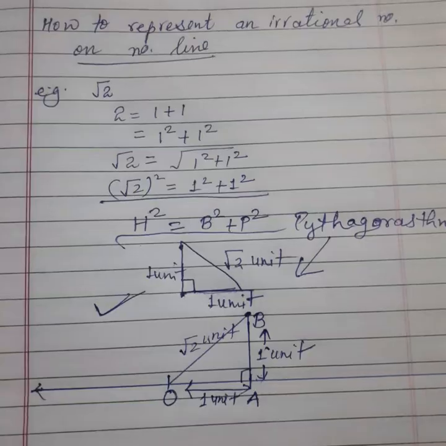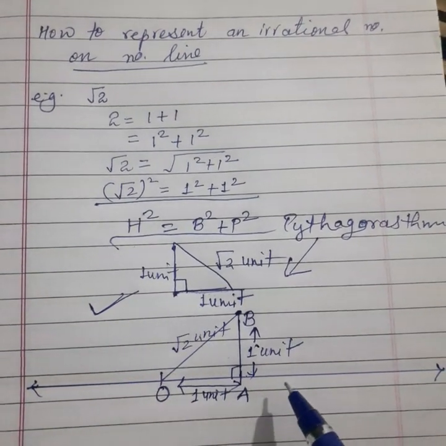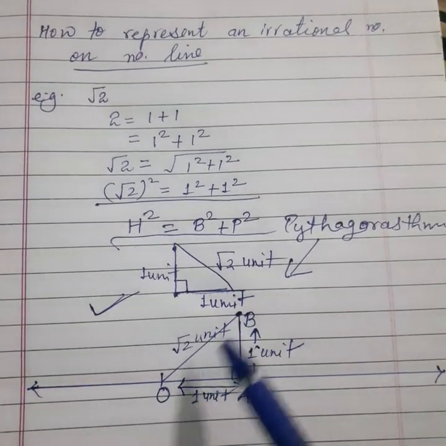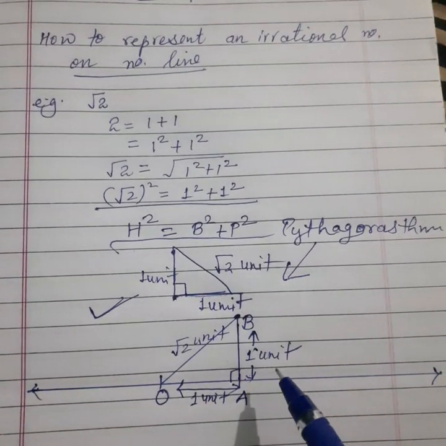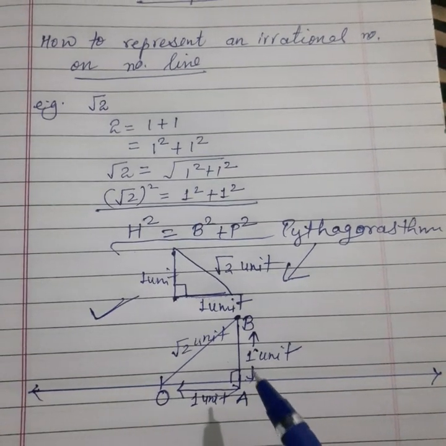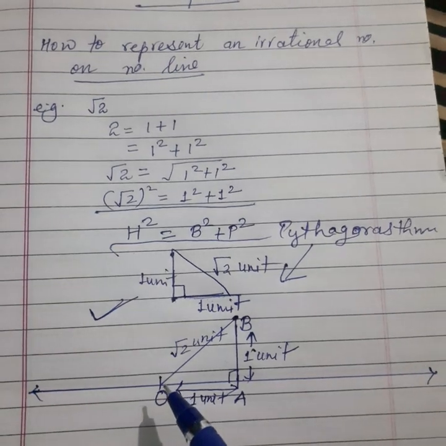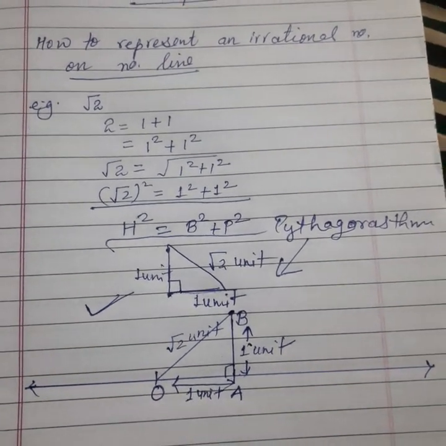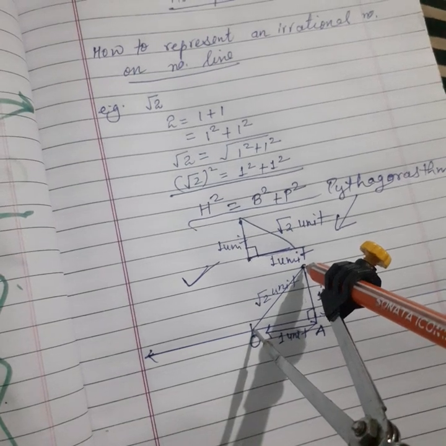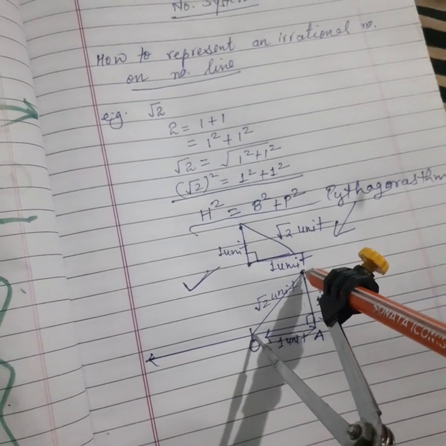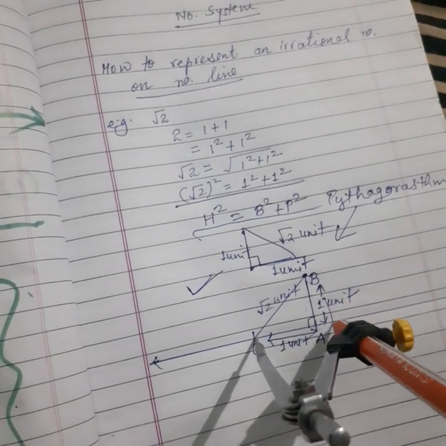Okay. Now the next step is to represent this under root 2 on the number line. Here you have got the distance only. To represent this distance on the number line, we will take root 2 unit in compass as radius and put the needle at point O. Like this, you will take the distance under root 2 as a radius, put the needle at point O and draw an arc on the number line.